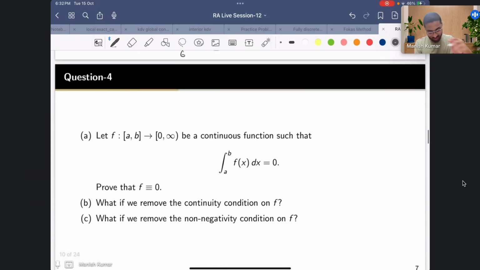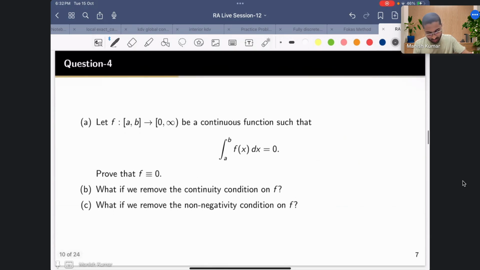Okay, so let's move to this problem. Over here you have been given a function which is defined on a closed interval [a, b], and this is a non-negative function. So this is very important: f of x is greater than or equal to 0 for all x defined on this closed interval [a, b].